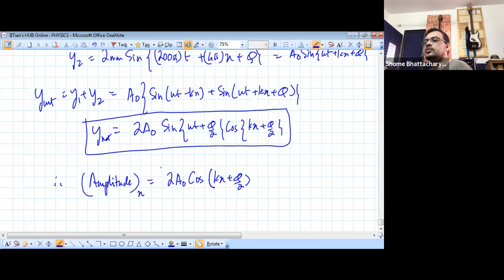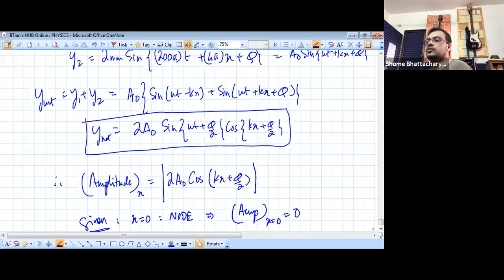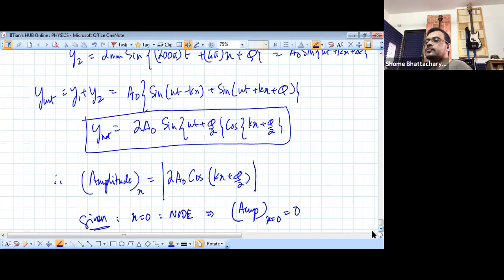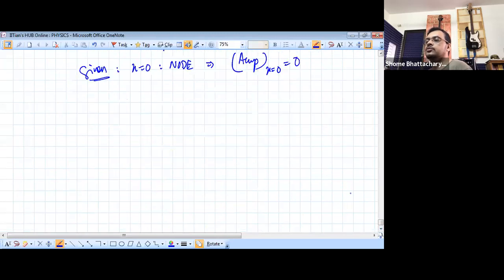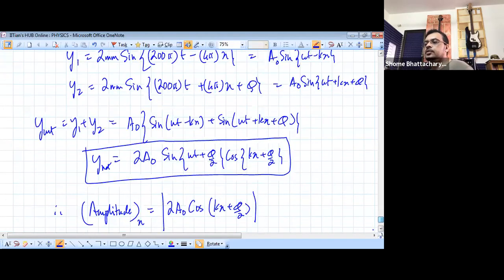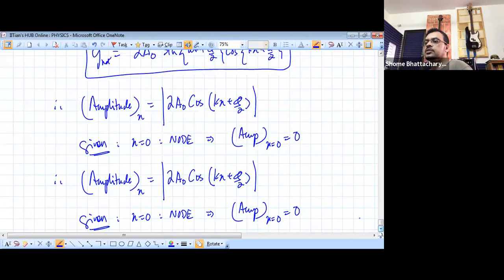So it's this. Now, this is a very important step. X equal to 0 is a node. So that means the amplitude at x equal to 0 should be 0. So that tells you that cos phi by 2 should be 0. So this is the amplitude as a function of x, and we know that at x equal to 0 the amplitude should be 0.